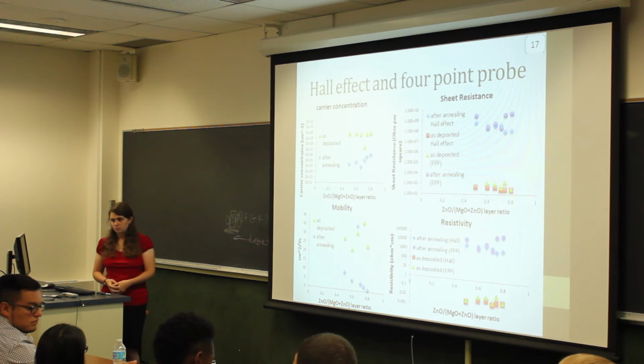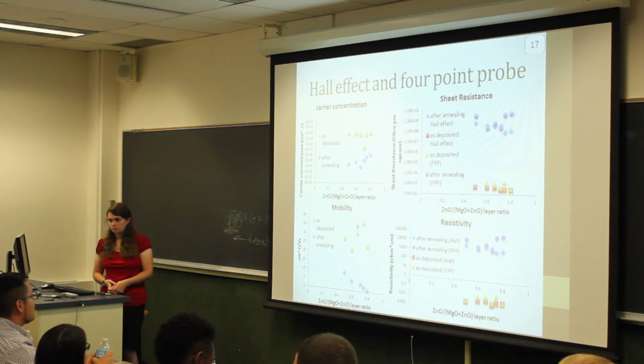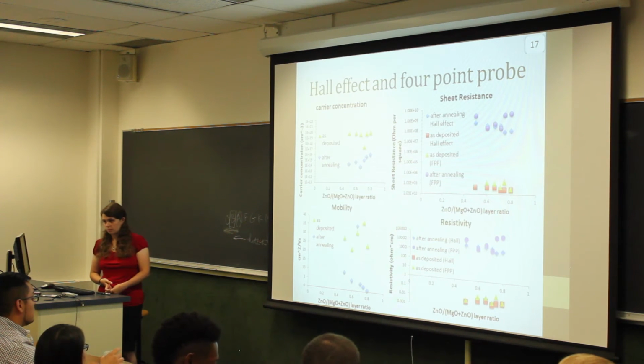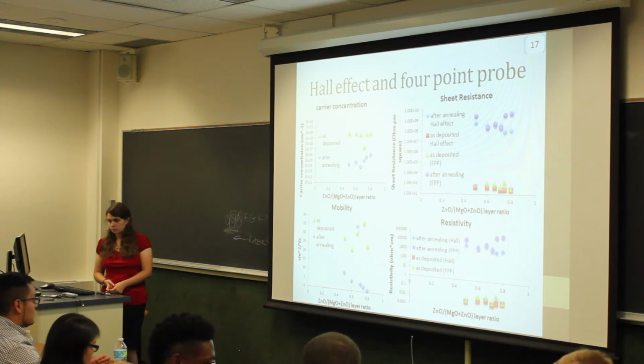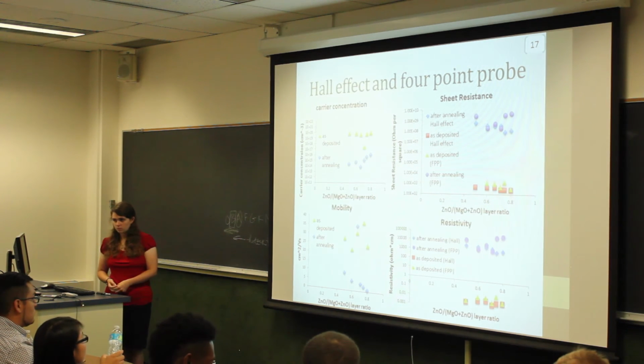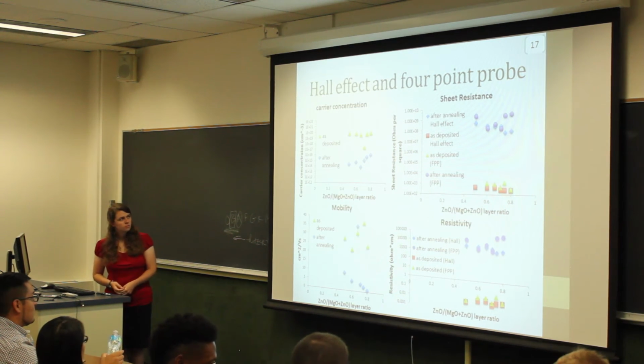Mobility goes down. So you want a high resistance, right? Yes. So I just don't quite understand why the sheet resistance goes down after annealing. But maybe it doesn't change that much. Oh, it goes up rather. Yeah, so I don't understand why it goes up.